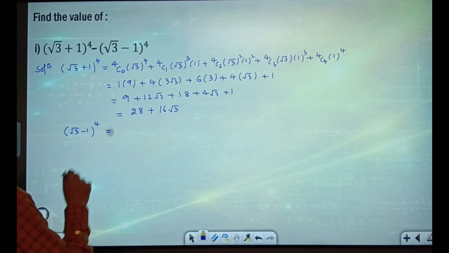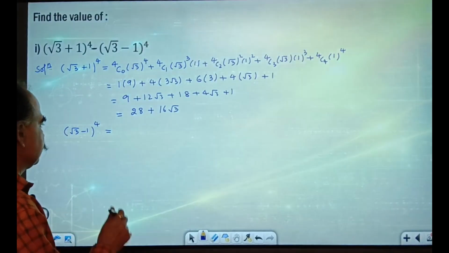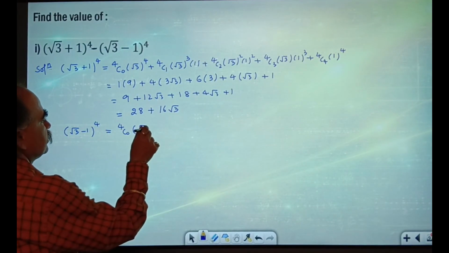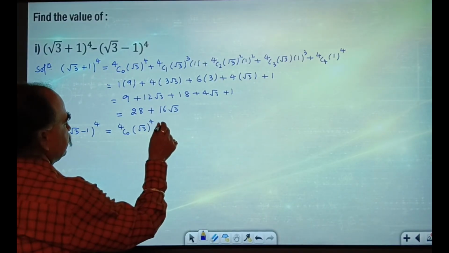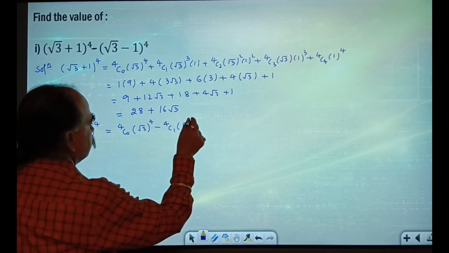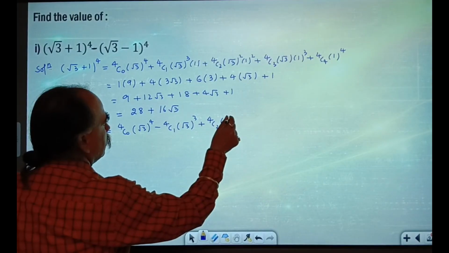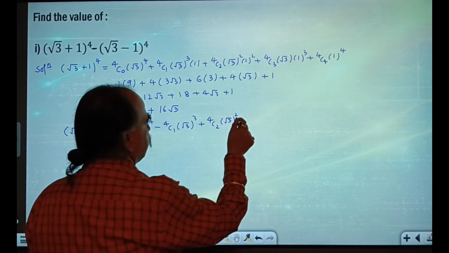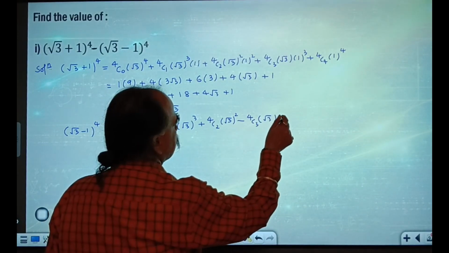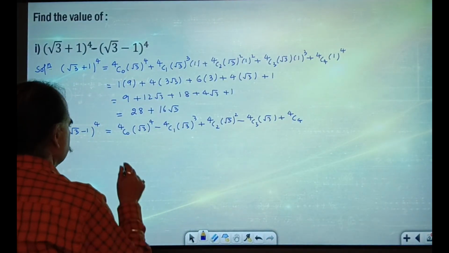raised to 4. Because of this minus sign, now we can write directly alternate plus minus. First term is plus 4C0 root 3 raised to 4 minus 4C1 root 3 cube plus 4C2 root 3 square minus 4C3 root 3 plus 4C4, 1 raised to 4 is 1.